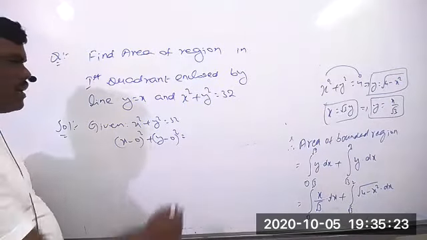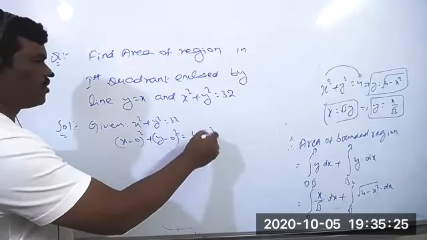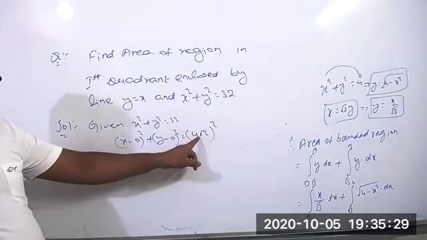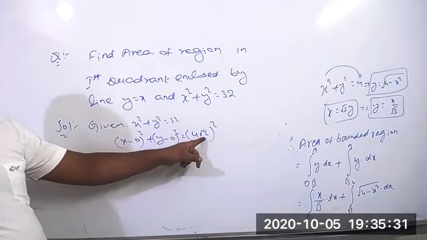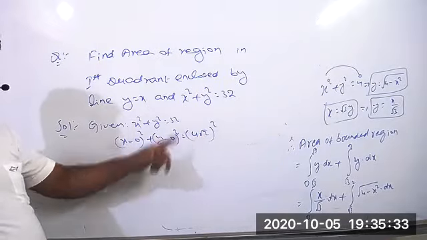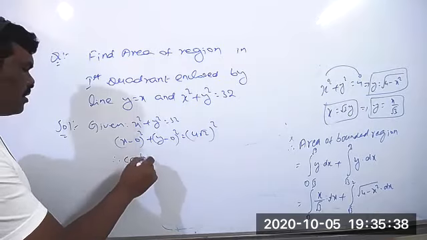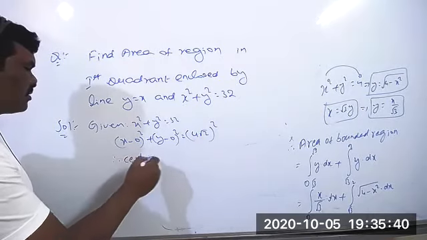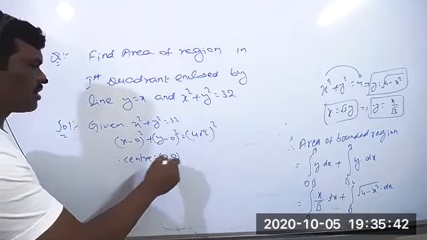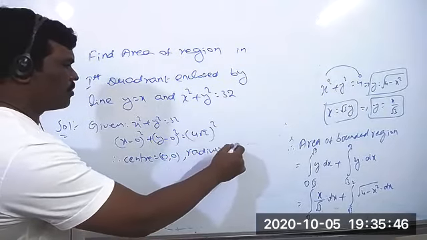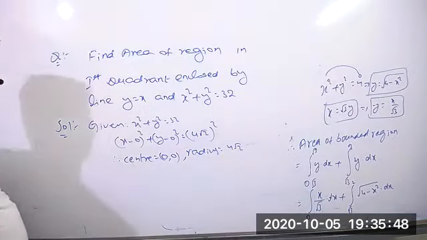The R value we have to find: 4 root 2 whole square. Is it possible? 4 square is 16, into root 2 whole square equal to 2, 16 into 2 is 32. So therefore the center is 0 comma 0 and the radius is equal to 4 root 2.